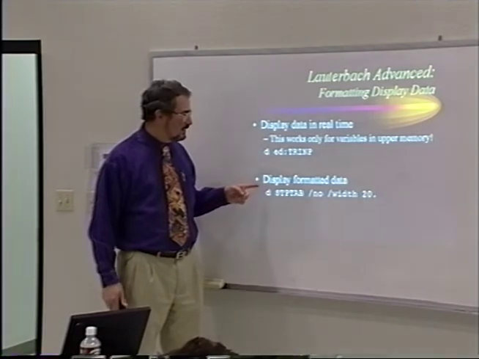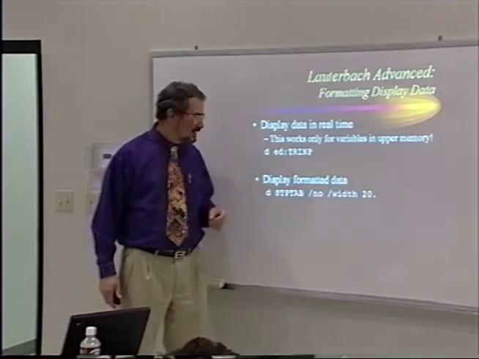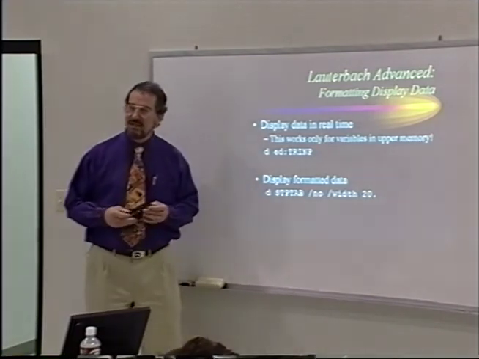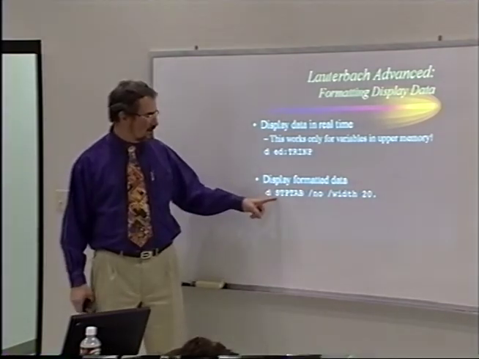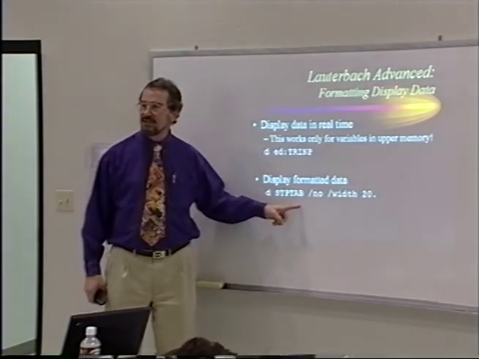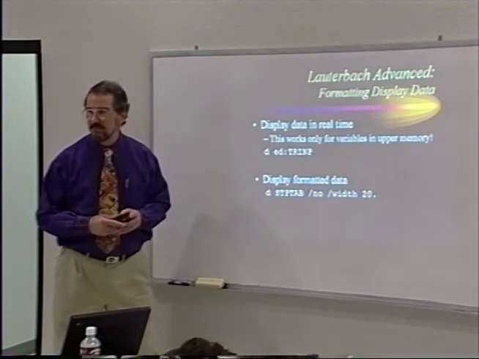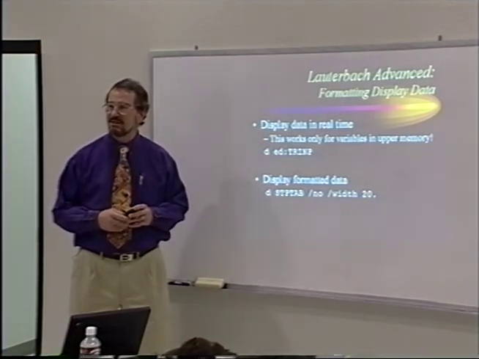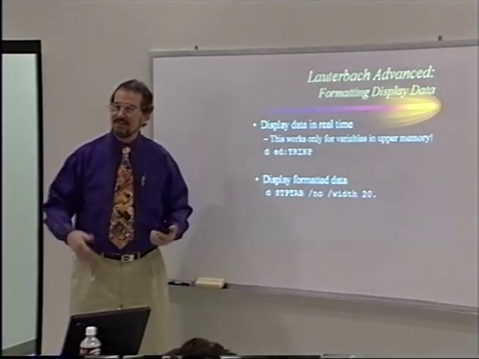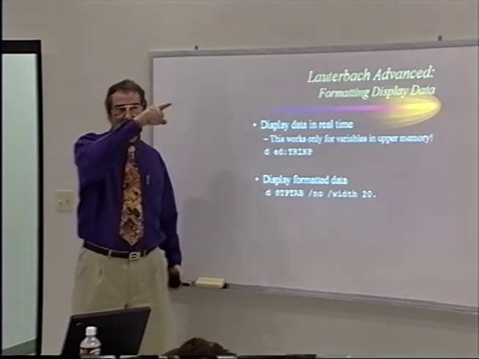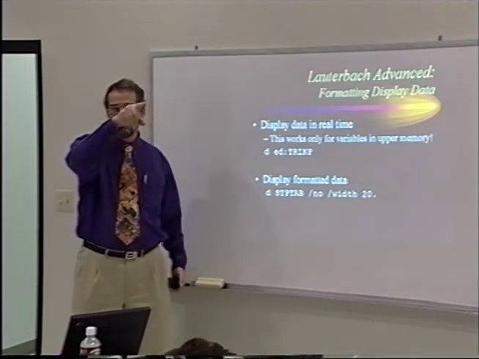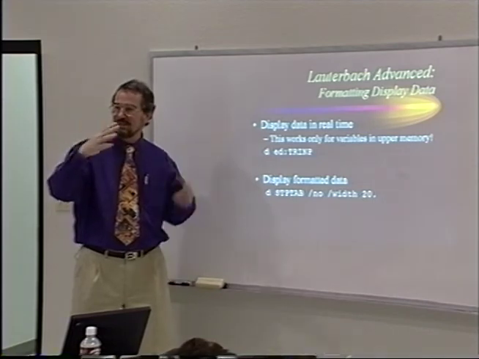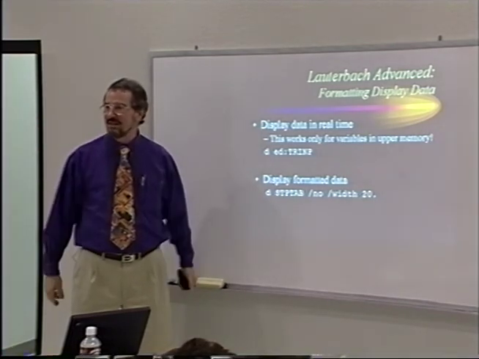And here's another one. If we want to display formatted data, the step table in MDF1 contains records that are 20 bytes long. If you dump the step table to the screen, you'll see the first one starts here and the next one starts on the next line 4 bytes over because it's formatted 16 wide.